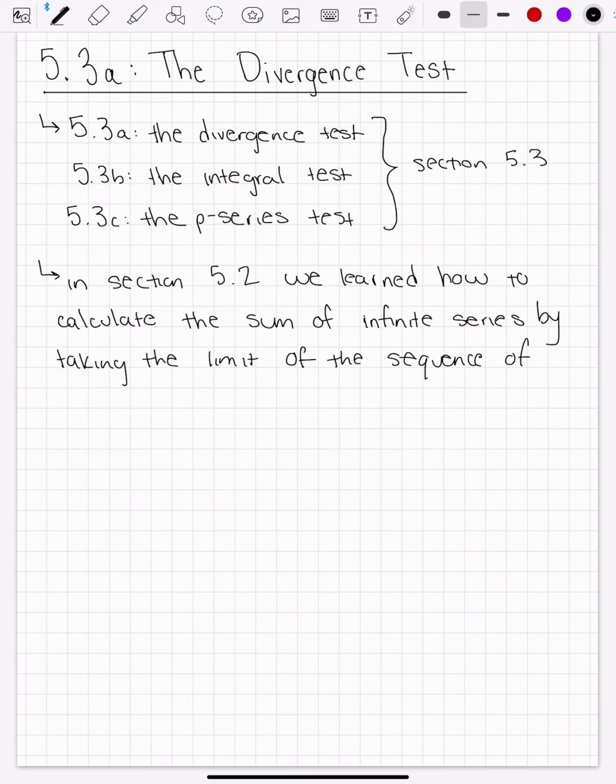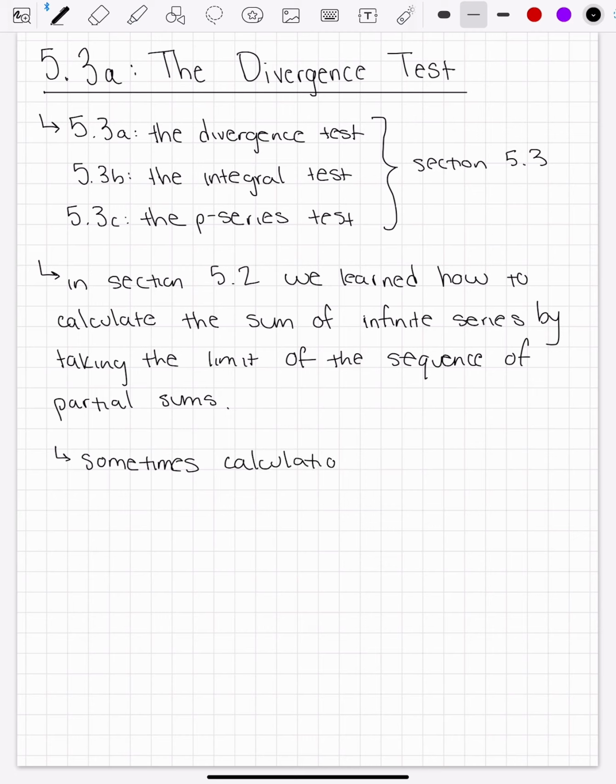So what we did was we took the infinite sum and we made it finite, and we saw what it would equal at different values, and then we took the limit of that. However, sometimes calculating that limit is difficult or impossible, and that's where these other techniques for finding the sum of a series will come in handy.